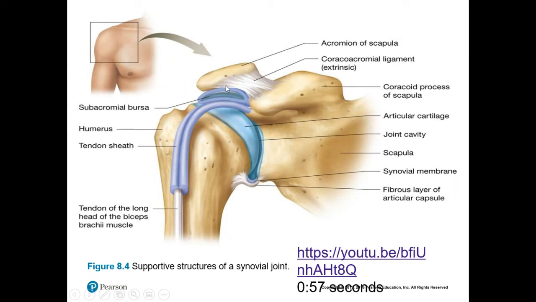Here it is right here. Notice how it's separating the bones, and it's acting as a protective layer right in between the head of the humerus and the scapula. Right there. Okay, so again, what's it filled with? It's filled with synovial fluid. Therefore, the membrane itself is lined by synoviocytes.